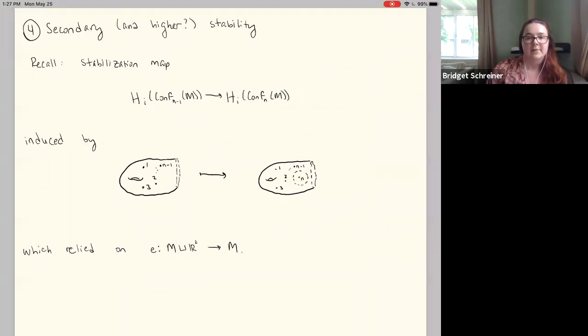If we recall, we have this map from configurations of n-1 points to configurations of n points, which is just induced by adding the nth point far away from the first n-1 points.